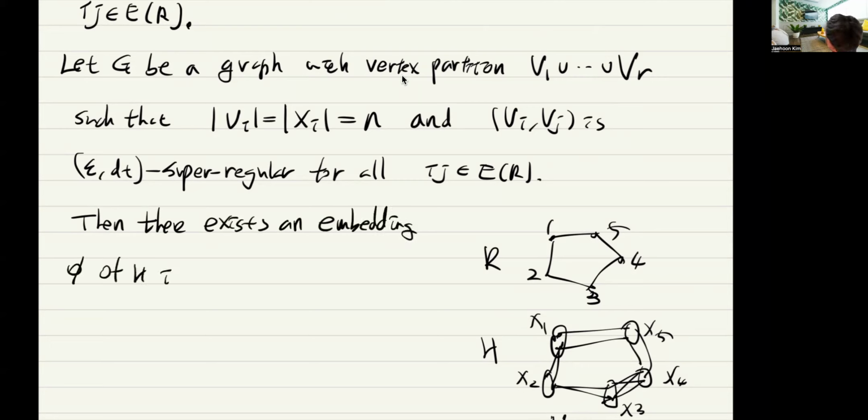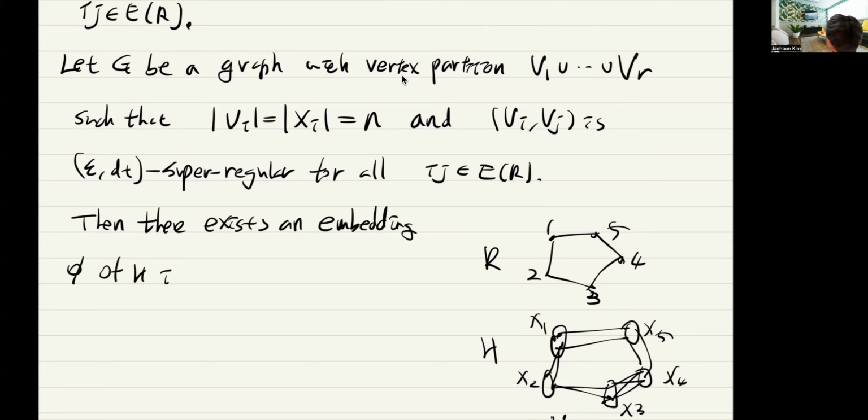So you can find the copy of this inside of G so that these vertices correspond to this vertex. These vertices correspond to this vertex. This corresponds to this. And this corresponds to this. So this is the blow-up lemma.